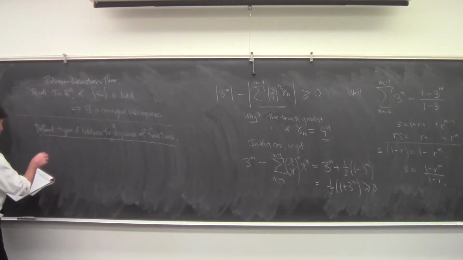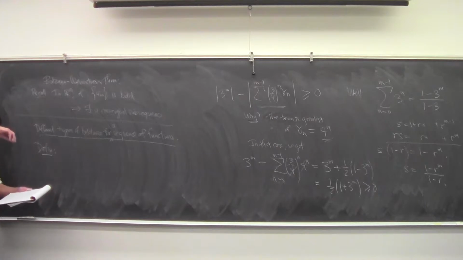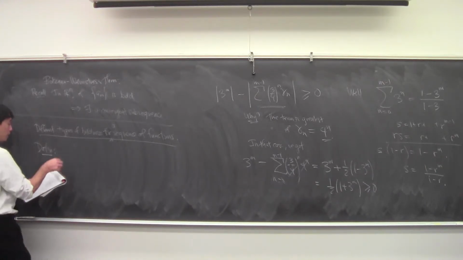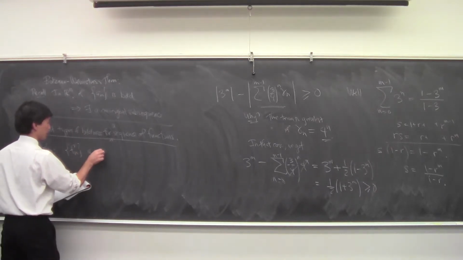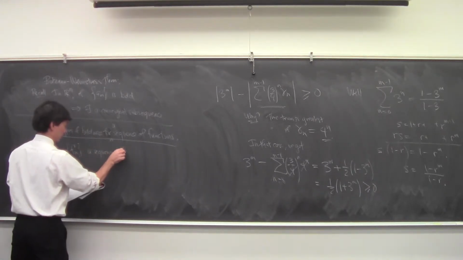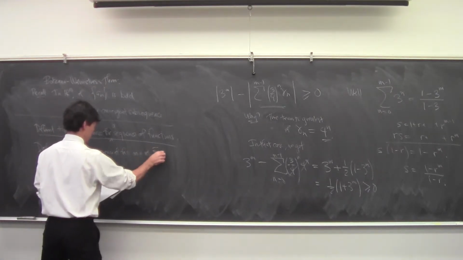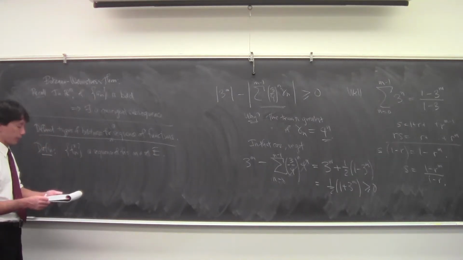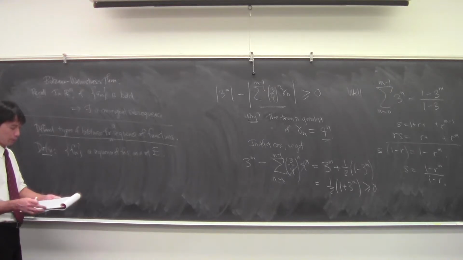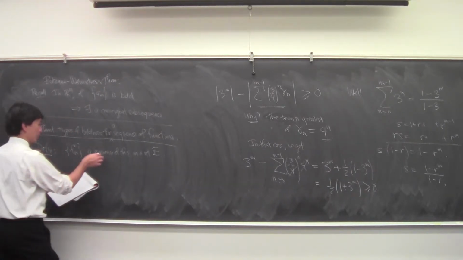Okay, so the first one is a simple one, and it's going to be the unsatisfactory one. So you start off with a sequence of functions on a set E. These functions for us will be complex valued functions.